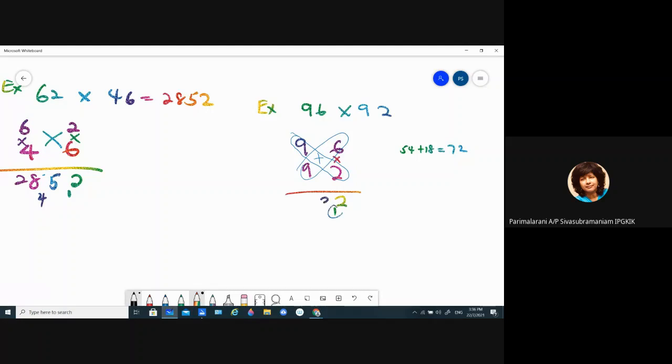So we write 3 here, right in the center, and then carry 7. Now these two we multiply. 9 times 9 is 81. 81 plus this 7 is 88. So it is 8832. Correct?